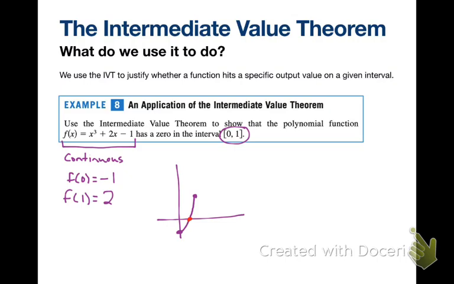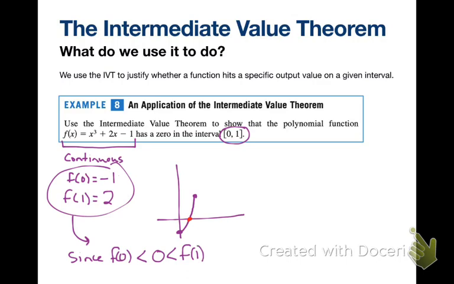Okay, so using this information here, since those y values, f of 0, that y value is less than 0, which is less than the other y value, f of 1, IVT then guarantees that there is some, pick your favorite letter here, some c, say, on the interval 0 to 1, such that that x value is a 0, makes the function equal to 0.